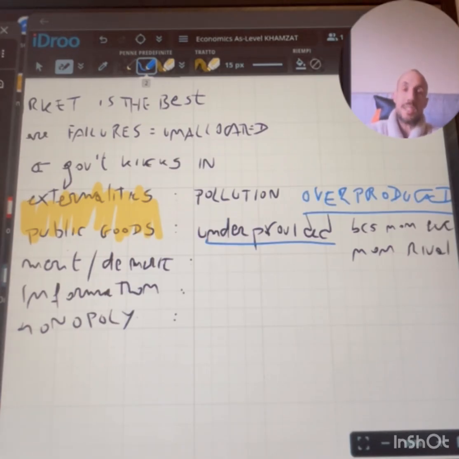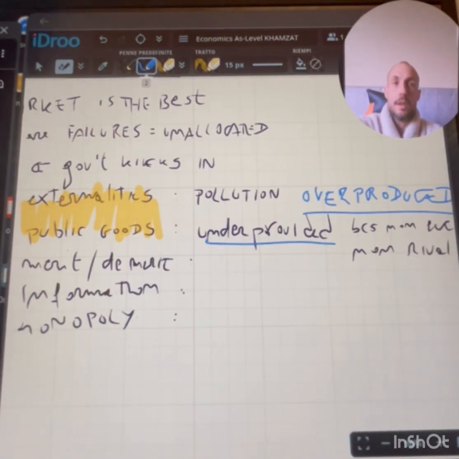So, for instance, cigarettes are overdemanded, while education or vaccines, though vaccines are debatable after COVID, are often underused. This is again a moment where government wants to kick in to set things back on track, if I can convey the message.